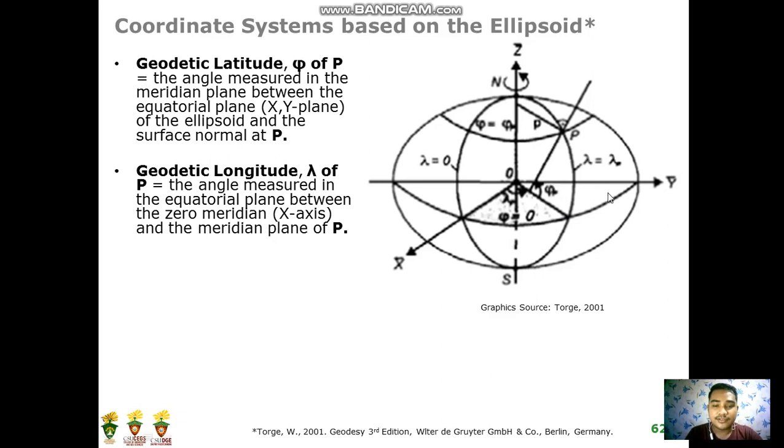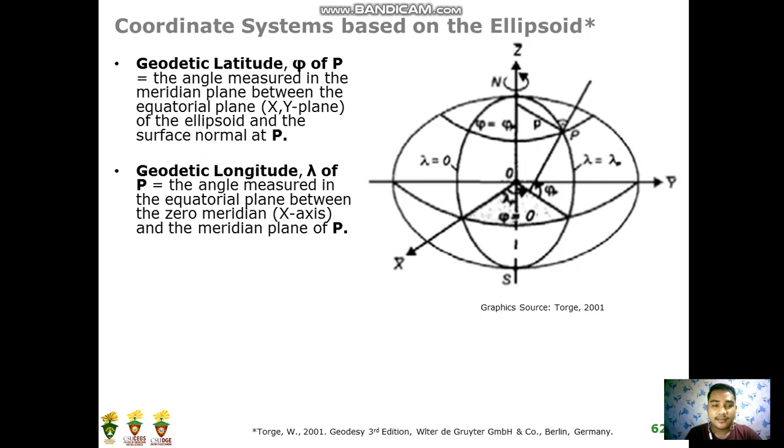Next is the geodetic longitude. Geodetic longitude is the angle measured in the equatorial plane.